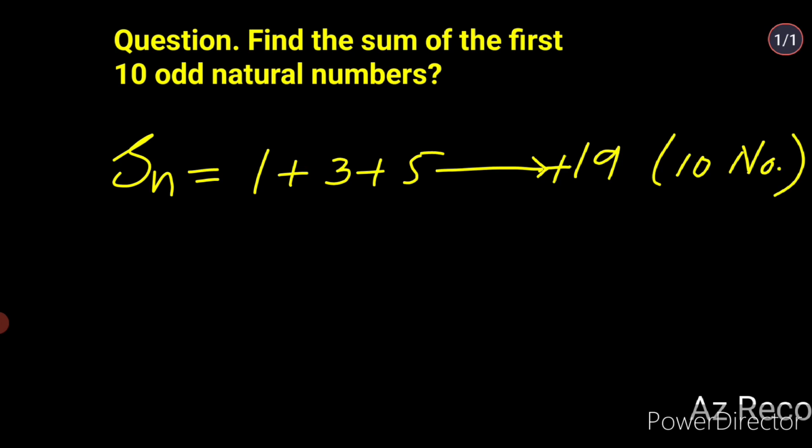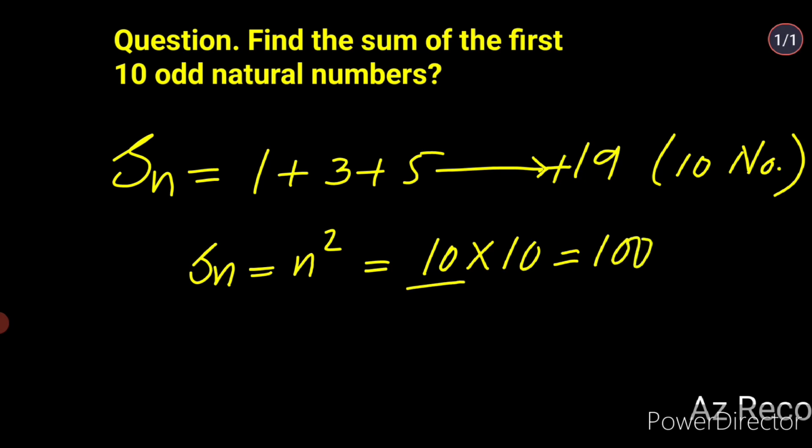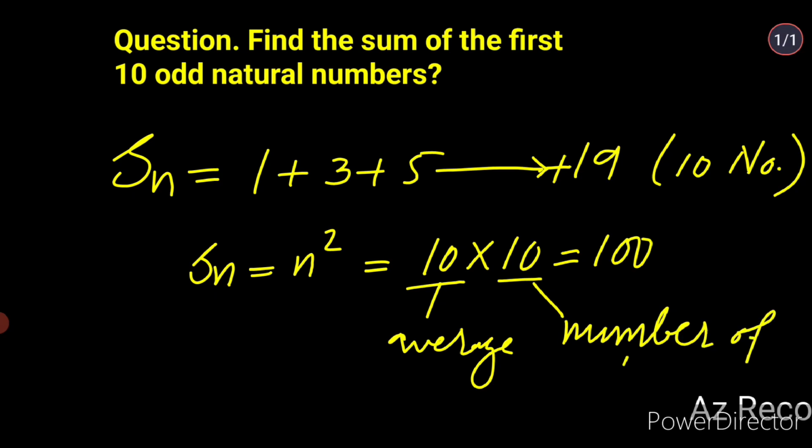So Sn, the formula, is equal to n squared. It is 10 into 10, 100. 10 is the average, and this is the number of terms. So similar types of questions can be cleared within a few seconds.